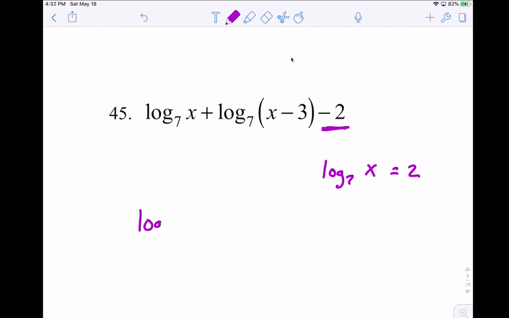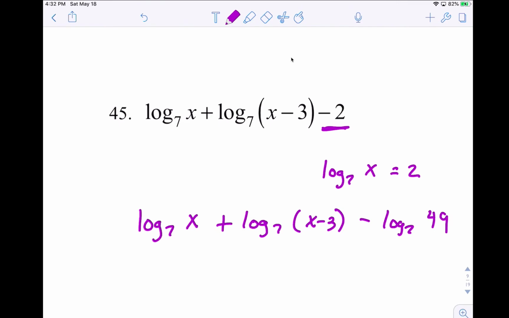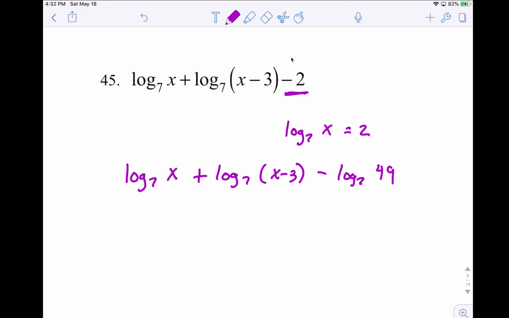So log base 7 of x plus log base 7 of x minus 3 minus log base 7 of 49. Okay, now that everything has a log base 7, I can now condense it. So I can multiply those terms together to make it x squared minus 3x. And then I'm subtracting log base 7 of 49. So that 49 goes on the denominator.